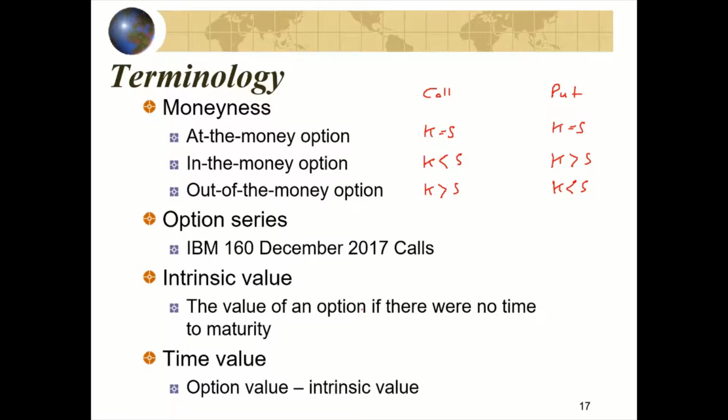So basically, for a call, the intrinsic value is the maximum between S minus K or 0. And for a put option, it is the maximum between K minus S and 0.